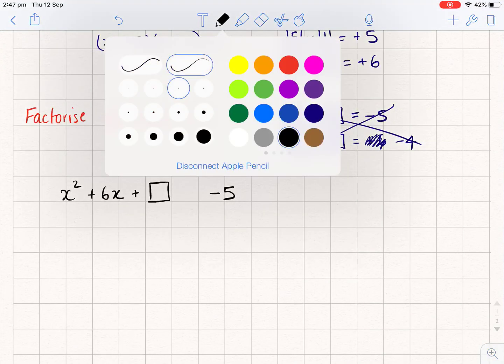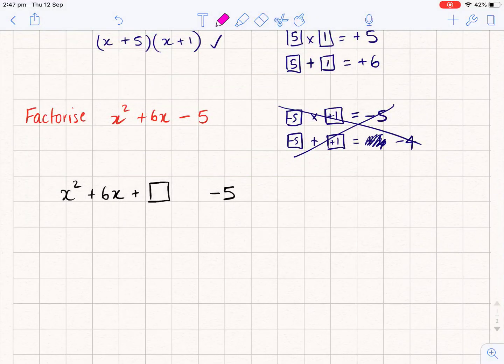Well, one possibility is I could make that number an 8. To factorise this, I know that 4 times 2 equals 8, and 4 plus 2 equals 6. So I could factorise it to be x plus 4, x plus 2, and then I still have a minus 5 on the end. Now that's all good, but it hasn't exactly made my problem any easier.